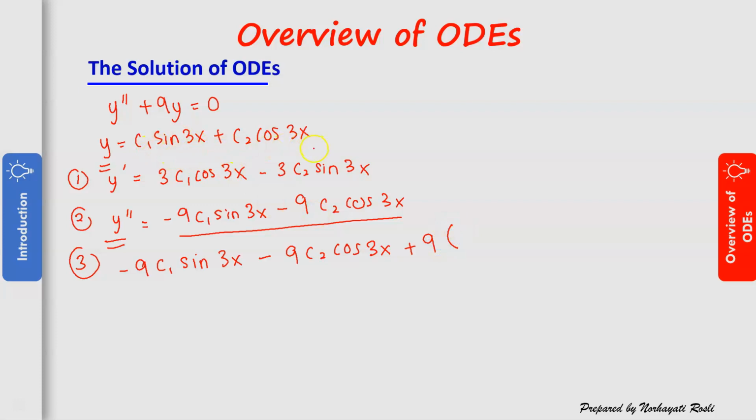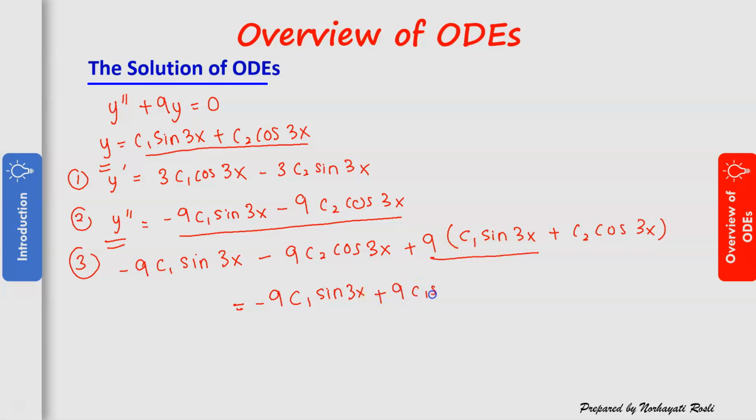So we substitute 9y with this part, c1 sine 3x plus c2 cos 3x. So we'll have negative 9 c1 sine 3x, plus 9 c1 sine 3x, and minus 9 c2 cos 3x, plus 9 c2 cos 3x.